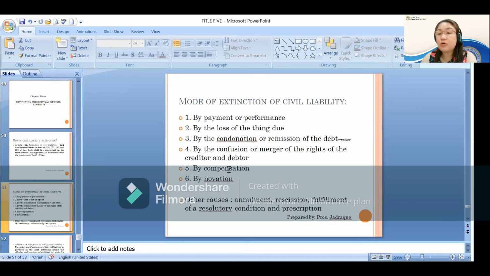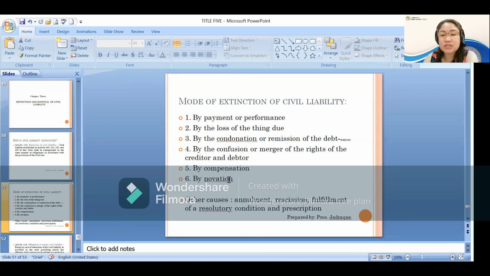You also have compensation. By compensation, we would mean there was an exchange of something for the property that was stolen. Novation is a change in the conditions, for example, a change of the principal liability of the accused.